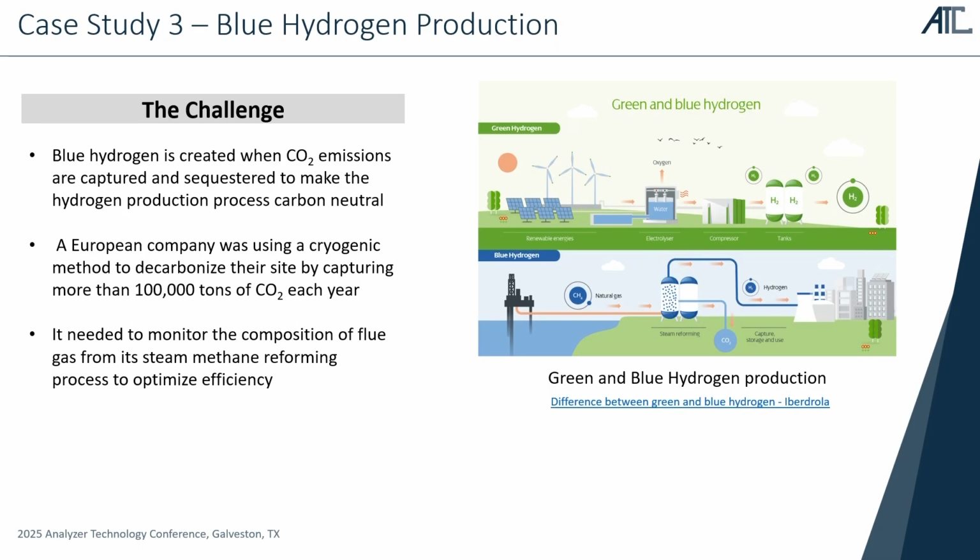And finally, a blue hydrogen production case study. Blue hydrogen is created when the CO2 emissions from the production process are captured and sequestered to make the production process carbon neutral. In this case, a European company was using a cryogenic method to decarbonize their site and capturing more than 100,000 tons of CO2 each year. They wanted to monitor the composition of the flue gas from the steam methane reforming process to optimize the efficiency.